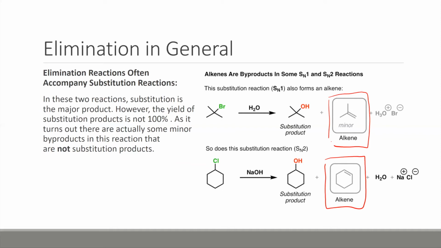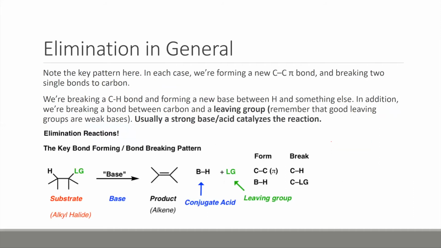This was noted previously when doing substitution reactions, and this type of reaction came to light through the process of substitution reactions. Again, generally the key pattern for an elimination reaction is that you're forming this carbon-carbon double bond, a pi bond, and you have to break two other single bonds on a carbon.